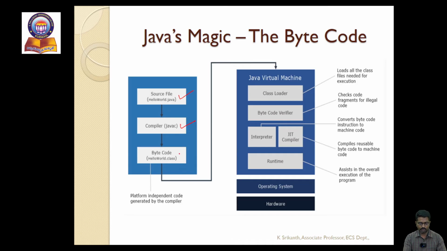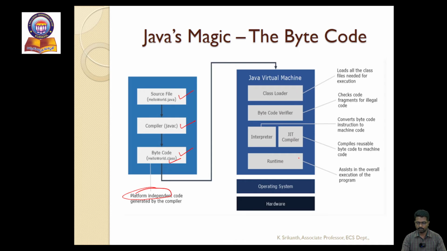It gives an output called byte code, which is an intermediate code which makes the language platform independent. Because of byte code, Java is platform independent, and it generates a .class file, helloworld.class, which is then diverted to the Java virtual machine.